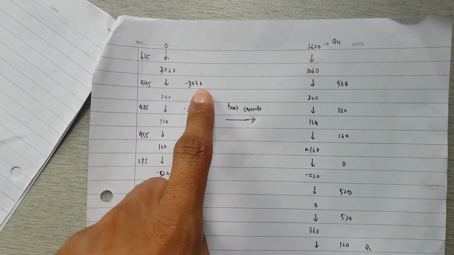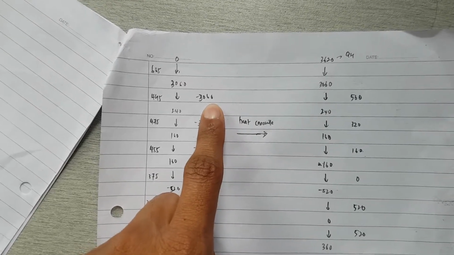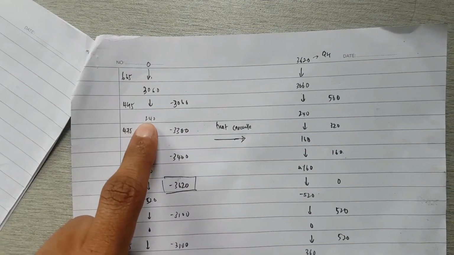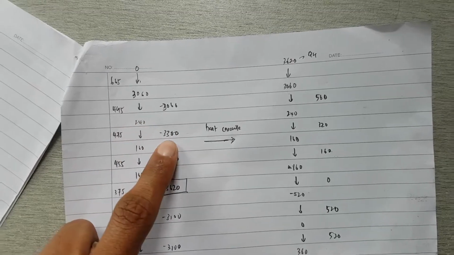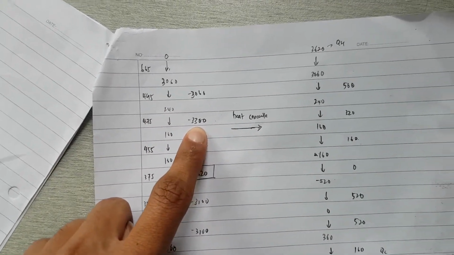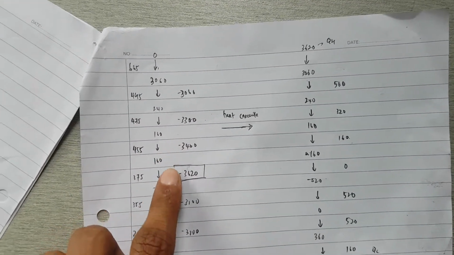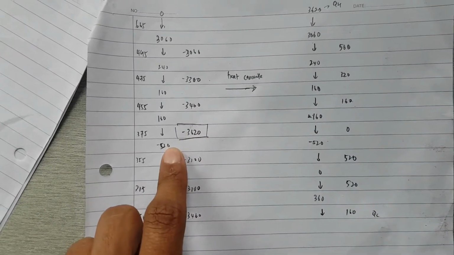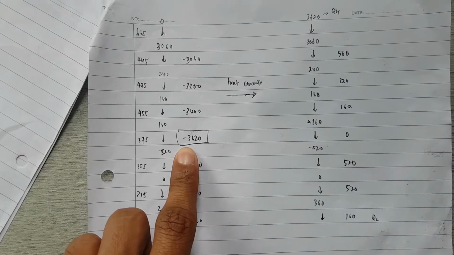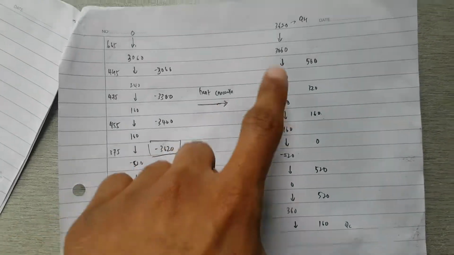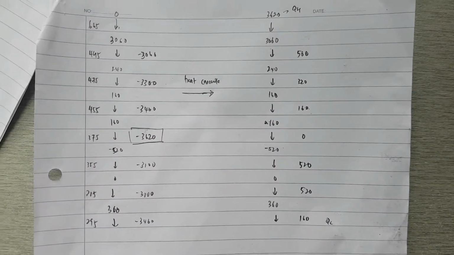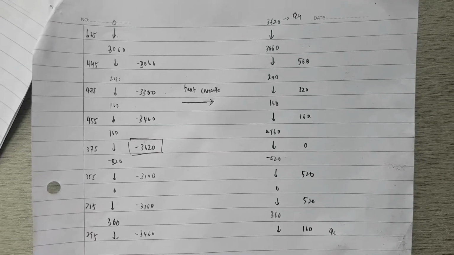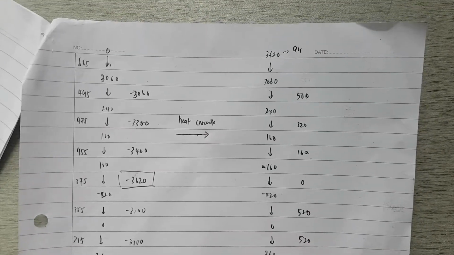This accumulated enthalpy will later be subtracted by 240 for the next temperature interval to obtain negative 3300. And this goes on until you obtain the most negative value for the heat cascade. This most negative value will later be shifted to the next heat cascade to identify the pinch point.